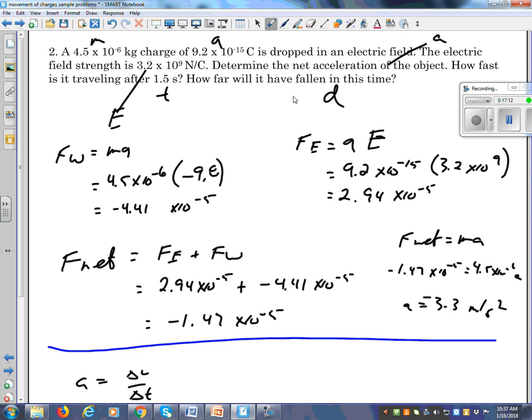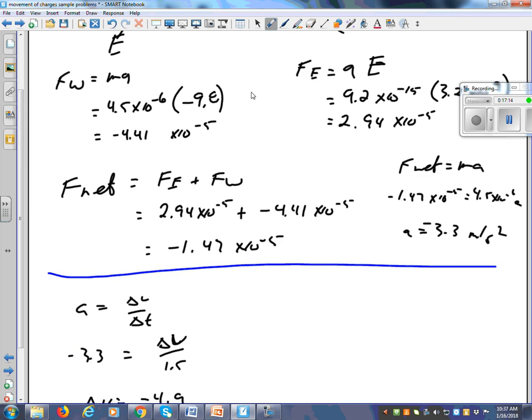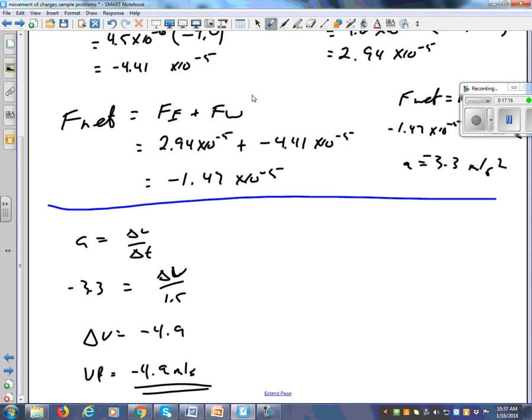And now we got to find out how far it will have fallen. Well, the only formula that's got distance in it is the one with v bar. We don't have v bar, we got to find it. Lots of work. 0 plus minus 4.9 divided by 2.